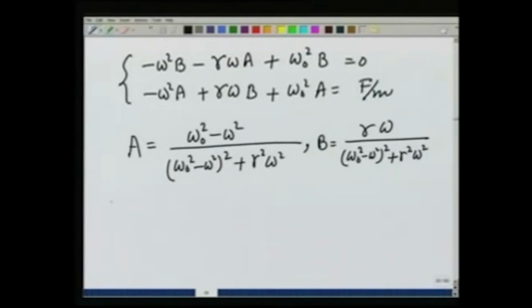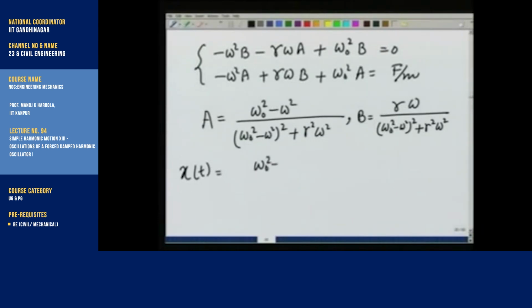And therefore, the steady state solution is going to be omega naught square minus omega square times F over m, also times F over m.